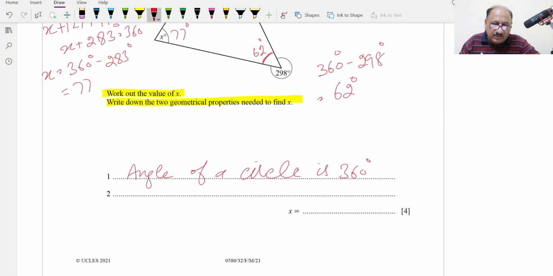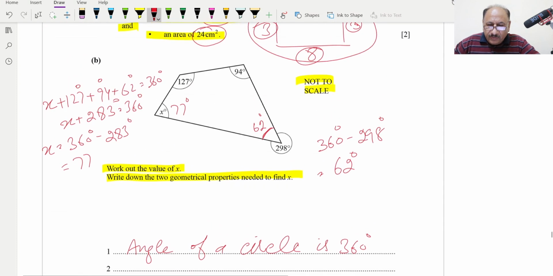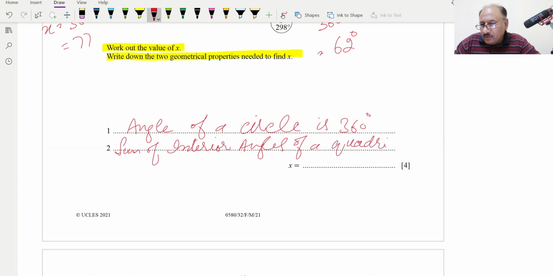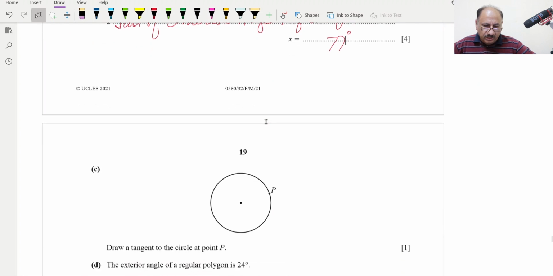Second property is that the sum of interior angles of a quadrilateral is 360 degrees, and the x value we found is 77 degrees. We are done with this part.